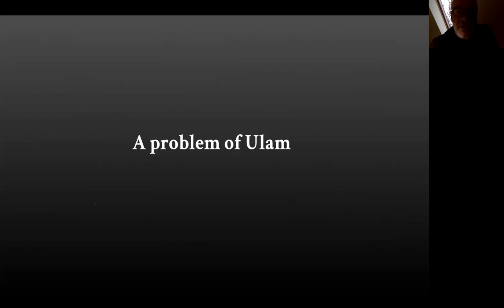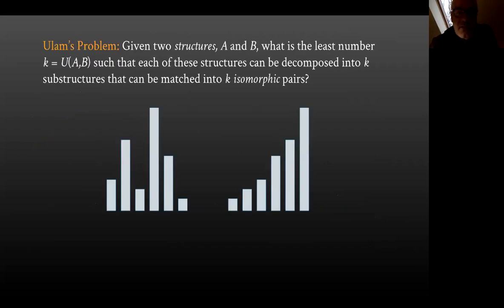So this is the last problem I would like to present. I call it the problem of Ulam because he asked a similar question, at least for graphs, but I think his motivation was connected to maybe even things like the Banach-Tarski paradox. It's about the decomposition of structures into pairwise isomorphic structures.